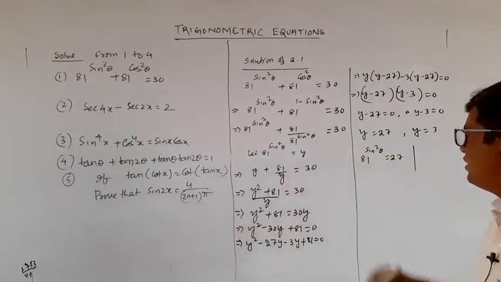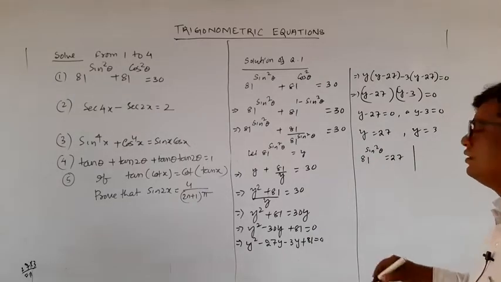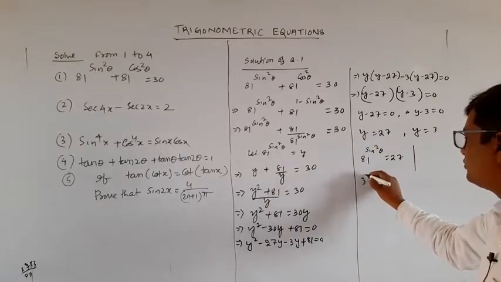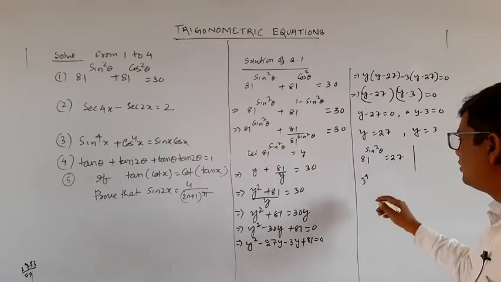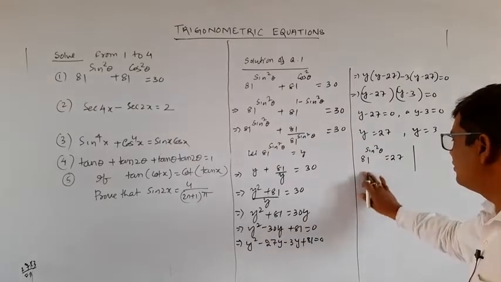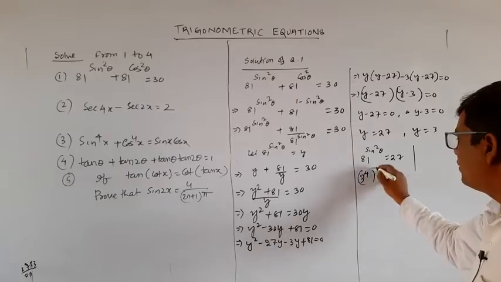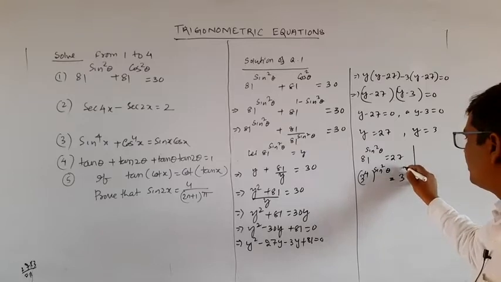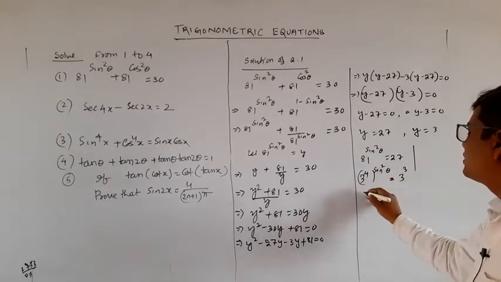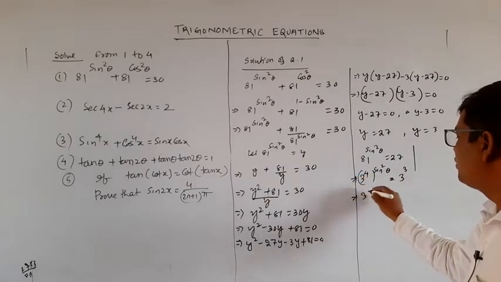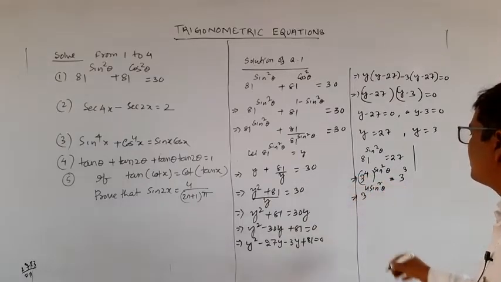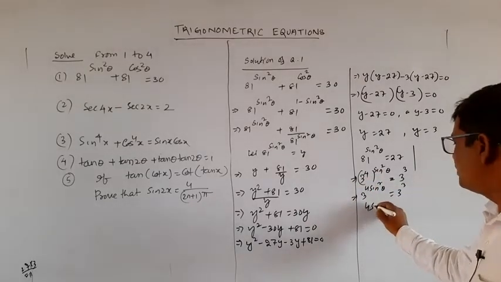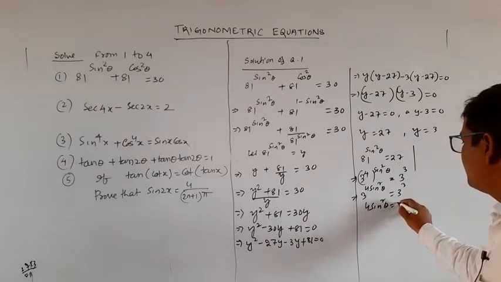We can write that as 3 to the power 4, so 3 to the power 4 sin square theta is equal to 3 to the power 3. So 4 sin square theta is equal to 3.